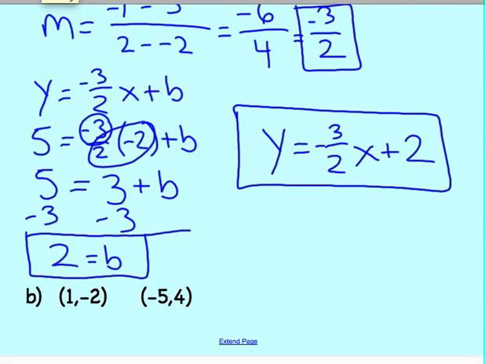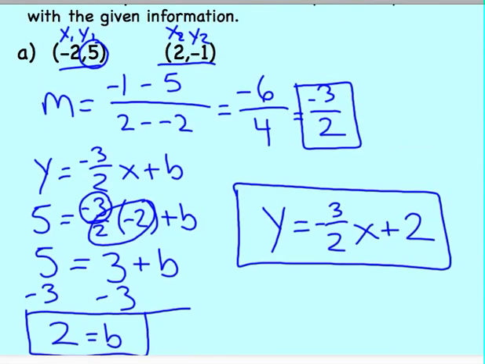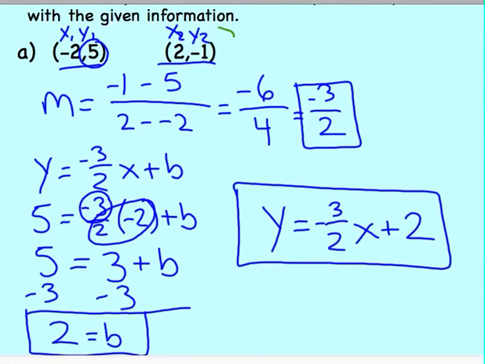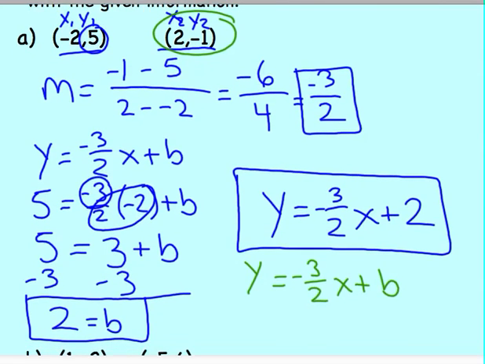Before you move on to the next one, let me just show you what would happen if we had to pick the other point. So let's say I decided to use this point. I still know that the slope was -3 over 2. So let's say I was trying to find b and I used the point 2, -1.